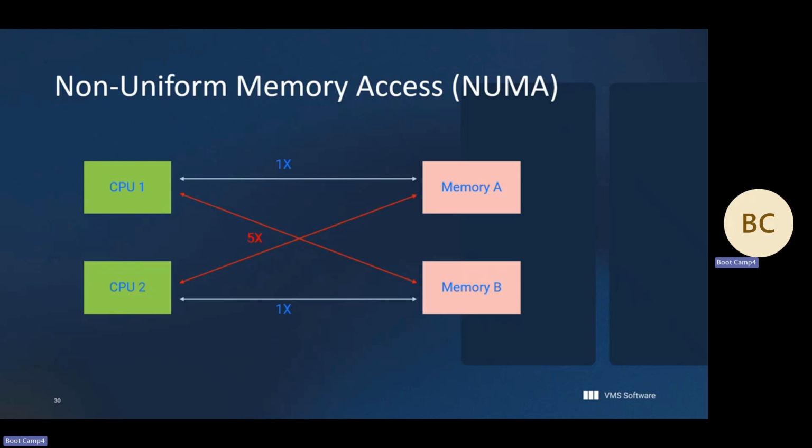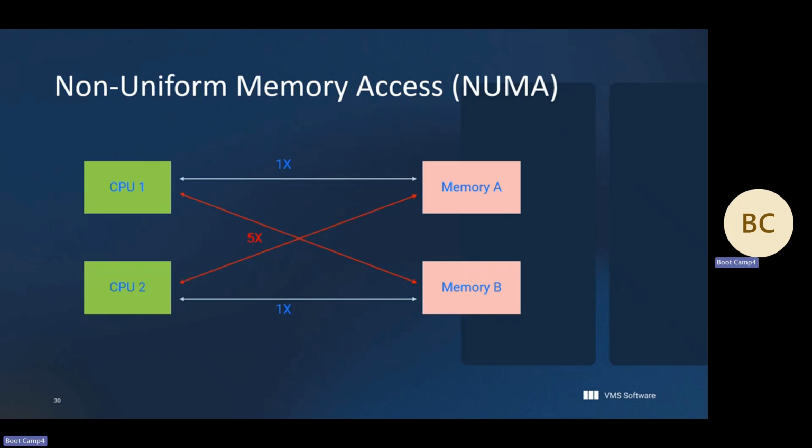Access within the card was fine, it was as fast as it could get. But if you tried to reference memory on a different card, it took longer. And so this CPU might have a 1x memory access time to memory A, but it might be 5x. And I've seen numbers that high. I've seen numbers higher than that to talk to memory B.